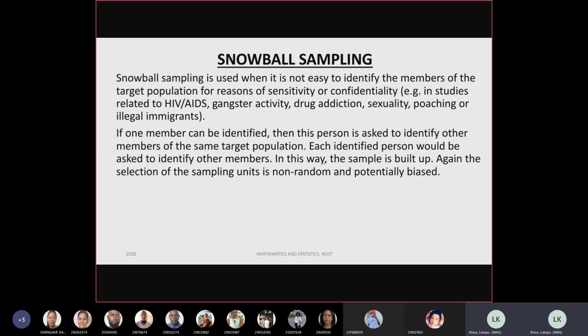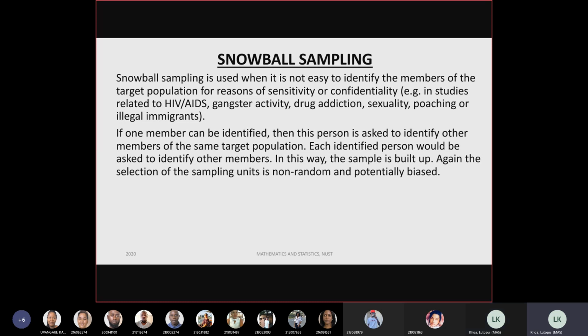Okay, so it's not easy to gather all of them and then put their names in a hat and pick 10 if you want 10. What you do is you identify one, and then you ask them, do you know anybody else that would form part of this population? And then they would refer you to somebody, and then from there you would go to that person. That person would refer you to maybe 2 other people, and then those 2 people would refer you to another 4 people, and so on. Okay, so it's like a snowball.